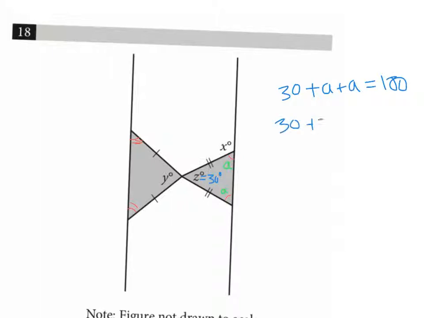Therefore 30 plus 2A equals 180. 2A therefore equals 150. Dividing both sides by 2 gives me A equals 75. So it happens that this is 75 and that is 75.